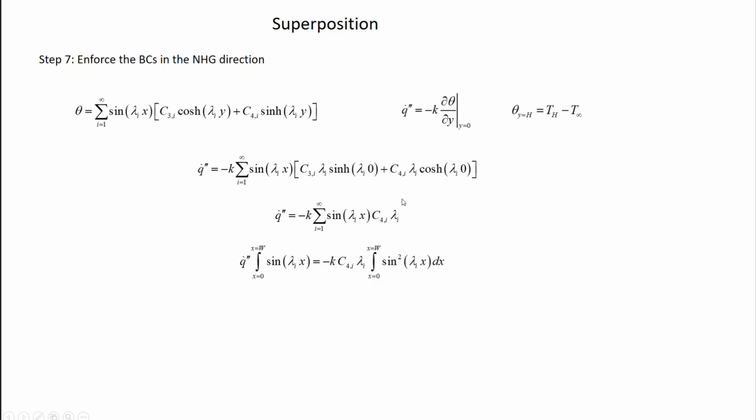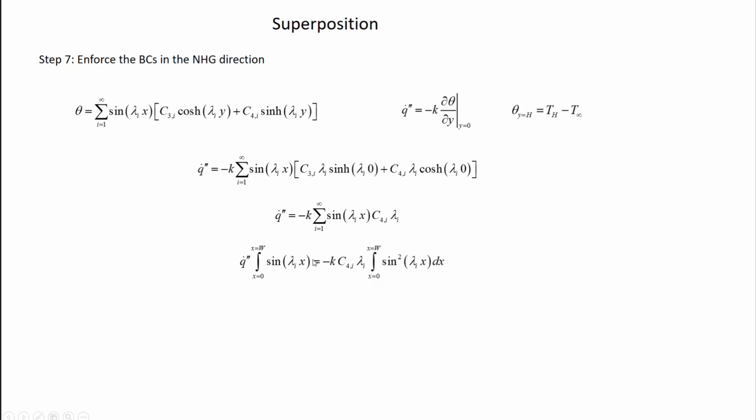So I have to remember what the orthogonality of these eigenfunctions allows me to do, right? If I take any of these sine functions and multiply it by a different sine function and integrate from 0 to w, I'm going to get 0. So I take this entire equation and I multiply it by sine of lambda j times x, both sides, and then I integrate both sides from 0 to w, and I get this equation here, right?